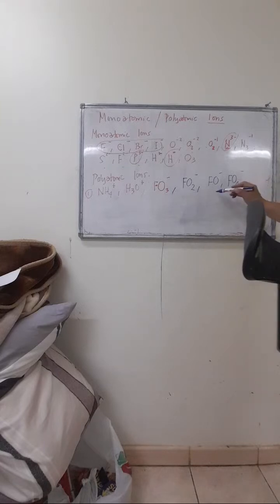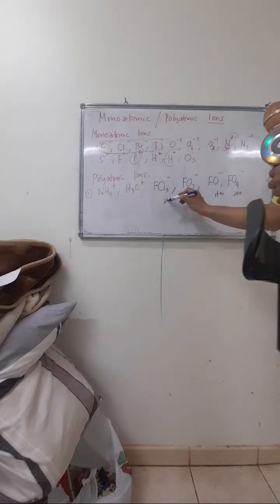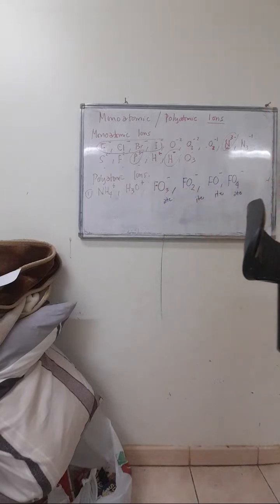So you have now the ATE and ITE. Note the difference. When you say ATE, the subscript of oxygen is more than 2. Perfluorate, ATE here. Fluorate. Now, if you use ITE, the maximum subscript is 2, from 1 to 2.